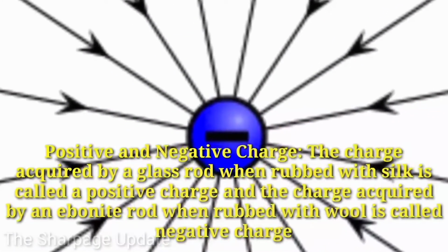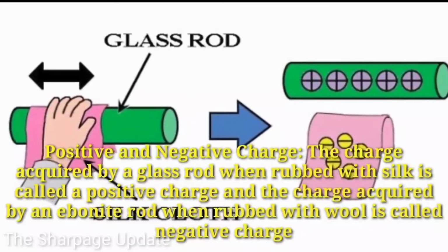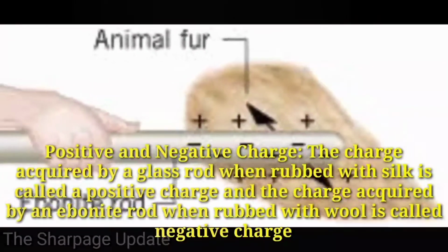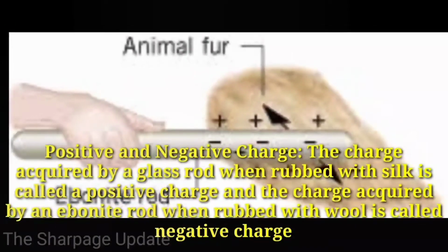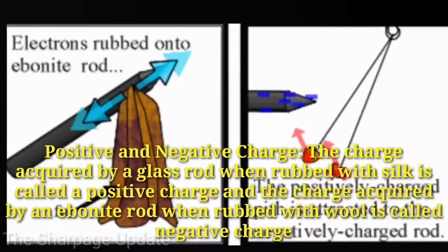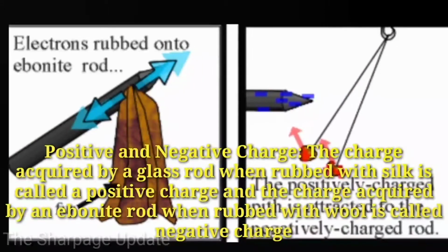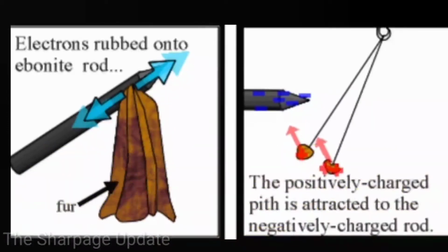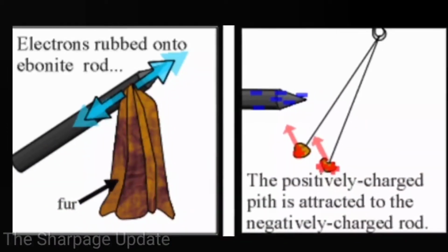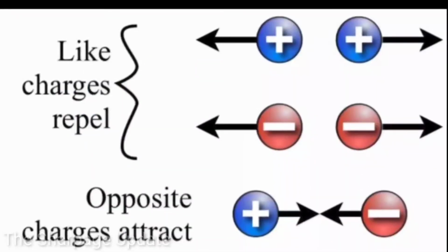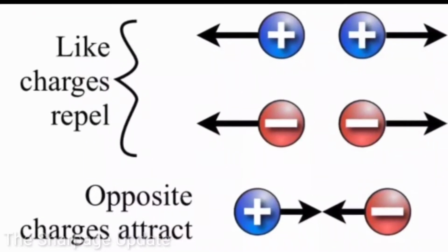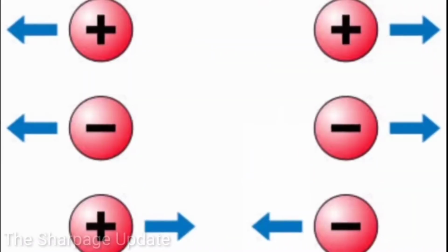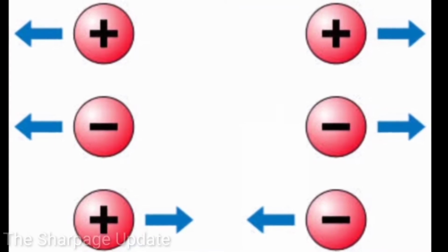The charge acquired by a glass rod when rubbed with silk is called positive charge, and the charge acquired by an ebonite rod when rubbed with wool is called negative charge. Students, like charges repel each other while unlike charges attract each other.